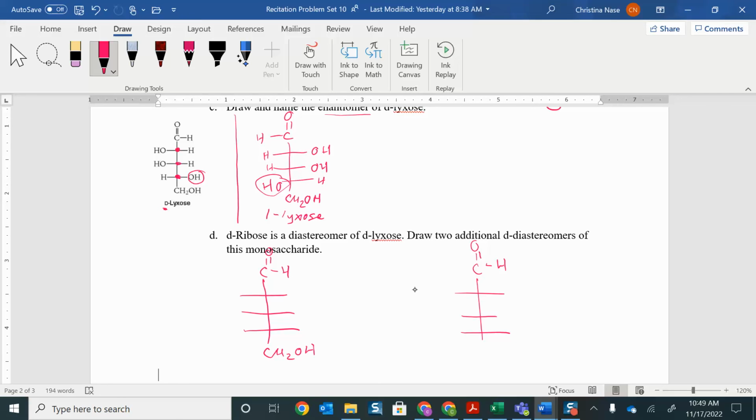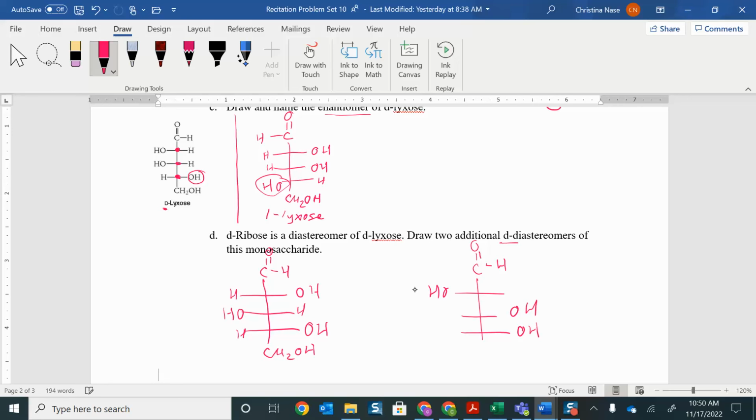Since they're asking us to do the D isomers, I know that I have to have the hydroxide on that last carbon over here. And so now I can just play around. If I put them both over here, then that's the D-lyxose. That's not what I want. So maybe I'll put one over here and one over here. That might work. And then what if I flip that around and I did one over here and one over here? There we go.